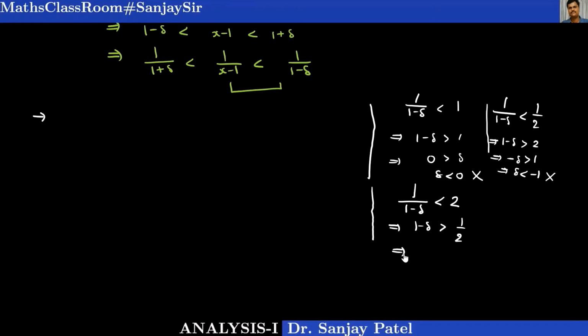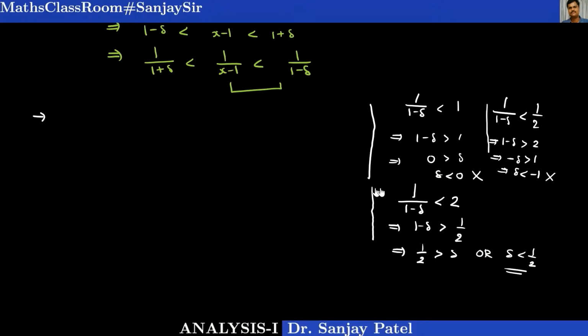So this gives me 1 minus 1 by 2, that is 1 by 2, is greater than delta. Or in other words, delta is less than 1 by 2. So this suggests if I want to make 1 upon 1 minus delta less than 2, I must have my delta less than 1 by 2. So I can take some number which is positive and less than 1 by 2.